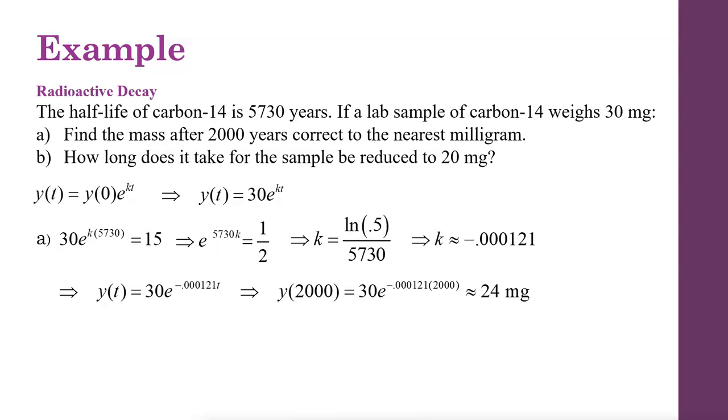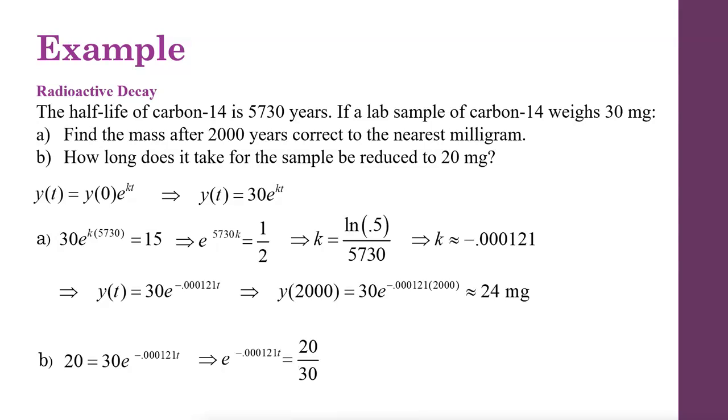Part B is asking us how long does it take for the sample to be reduced to 20 milligrams. So in this case, we know the value after t, we just don't know what t is. So the equation's going to look like this: 20 equals 30 e to the negative 0.000121 t. And we'll solve it similar to how we solved the equation above. Divide both sides by 30 to isolate e, and then take the natural log of both sides to eliminate e from the right side.